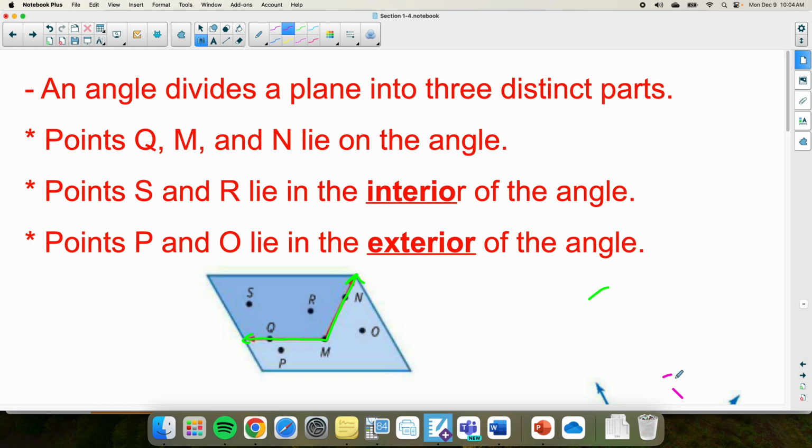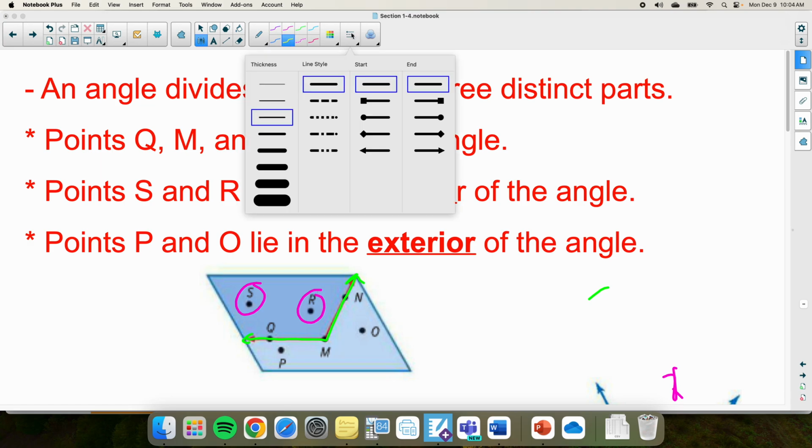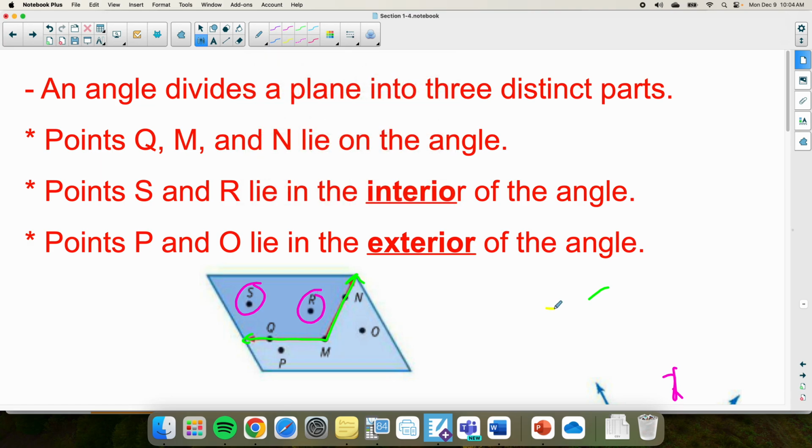Interior means inside. Do you guys get that these 2 are inside of that angle? And exterior points are outside of the angle. So that would be like P and O. They're outside of the angle. Interior means inside, exterior means outside.